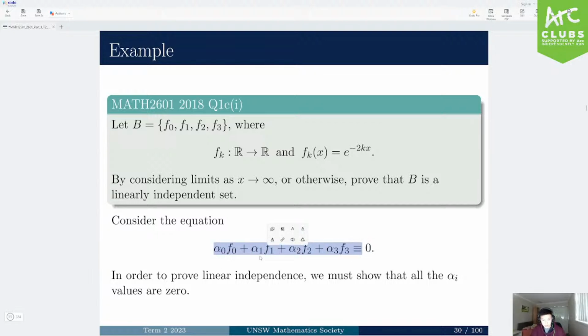It doesn't mean that it has a root x such that the function at x is equal to 0. It means that this function is 0 for every value of x. And to prove linear independence, we must show that the alpha i values are 0.